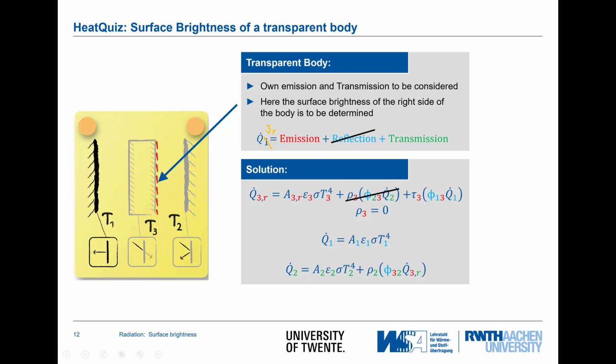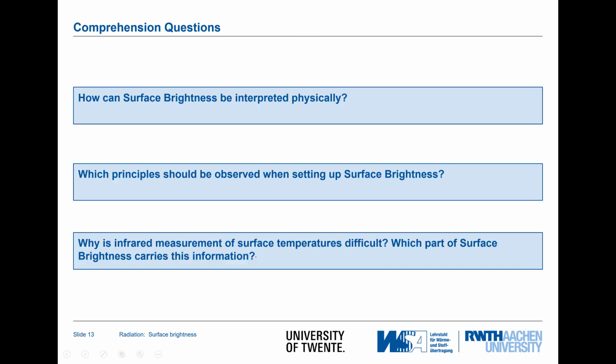Note, if just the surface brightness of this one is being asked, we could stop after equation 1 and defining the corresponding view factor that's needed. If we need to determine all the surface brightnesses, then Q dot 1 and Q dot 2 are needed there as well. And again, Q dot 3R is to be inserted here finally to get the final solution.